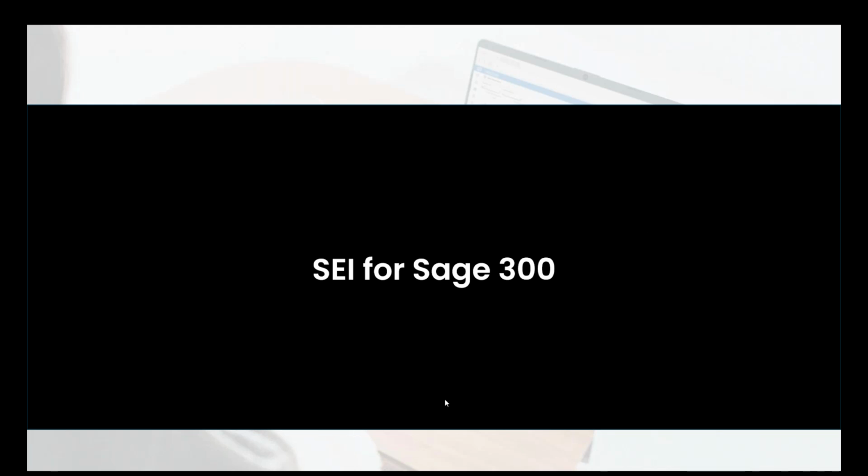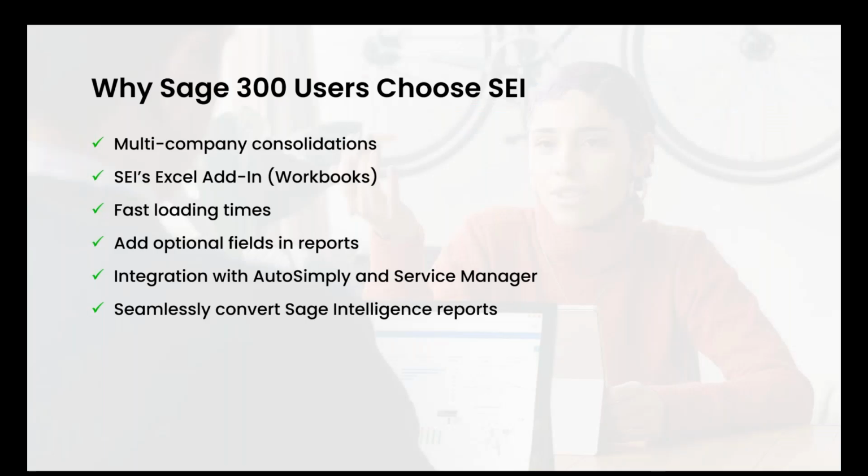All right, so let's take a look at some of the top reasons why Sage 300 customers select Sage Enterprise Intelligence. And I'm going to reiterate some of the points that Jazz brought up during his demo. So one of the top reasons is that Sage 300 customers can easily create multi-company consolidation.